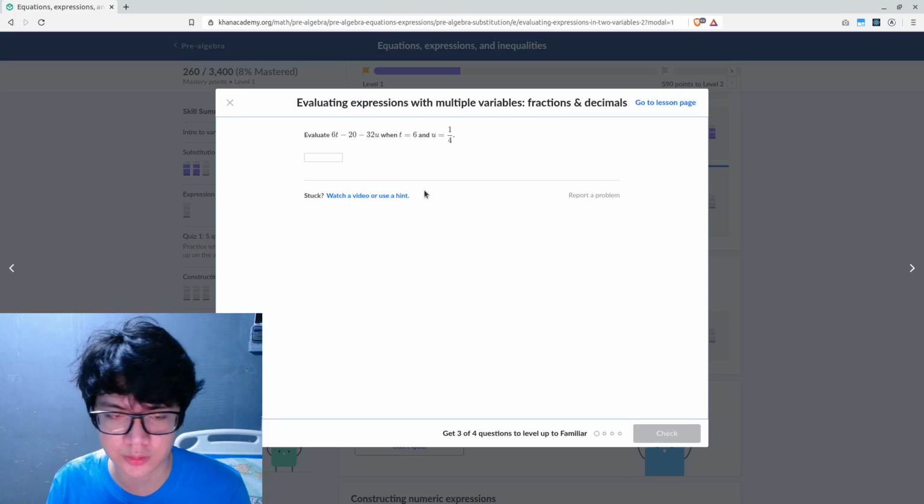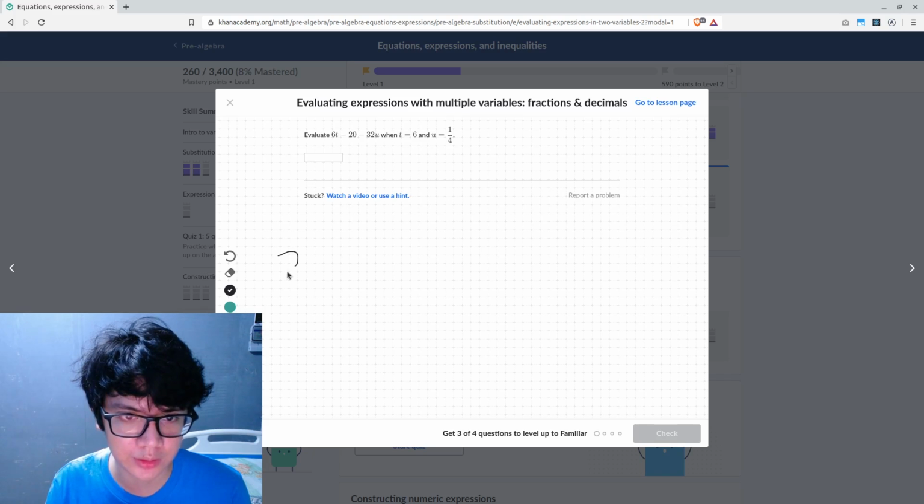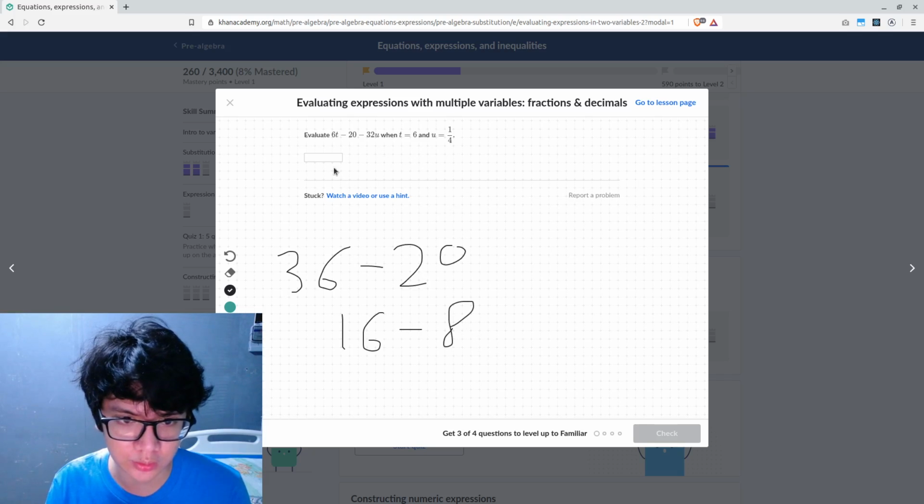Fractions and decimals, okay. 60 when t is 6, so we get 36 minus 20, which is 16. 32u, 32 divided by 4 is 8, so we get 8.